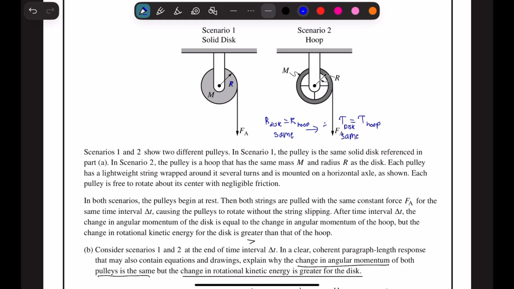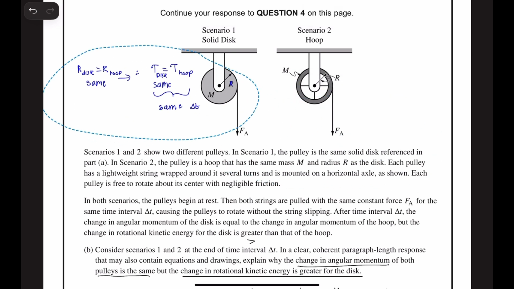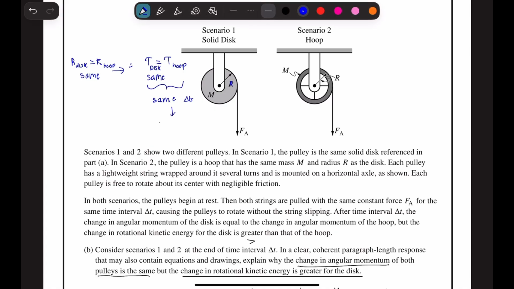And because the pulleys experience the same torque for the same amount of time, we saw that the angular impulse was the same, and that means that the change in angular momentum is also going to be the same.